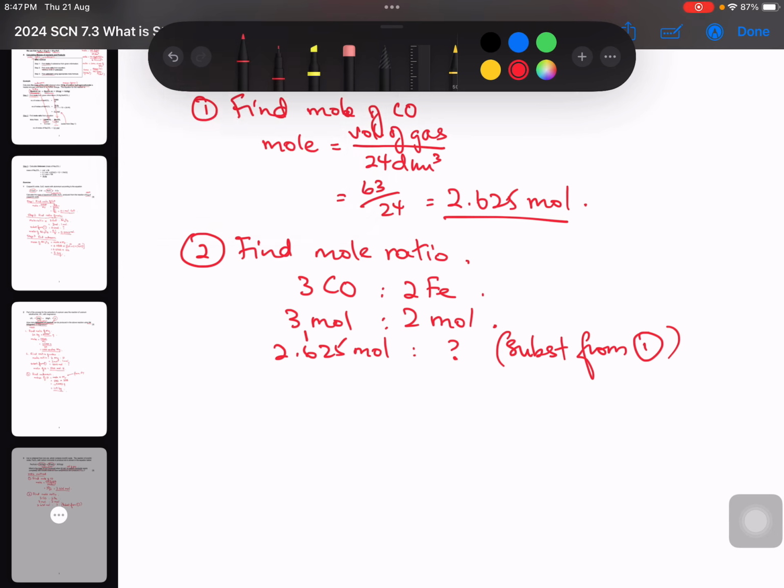What is 1 mole? So if 3 moles is 2, 1 mole will be 2 divided by 3. Am I right? Okay, 3 moles is to 2. So if this is 1 mole, 3 becomes 2, 1 will become 2/3.